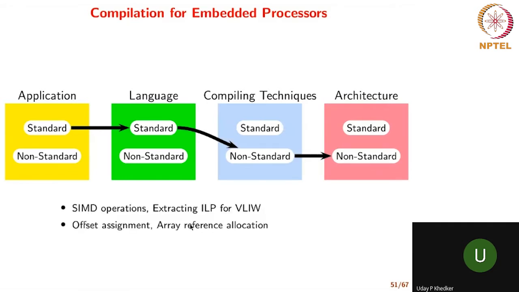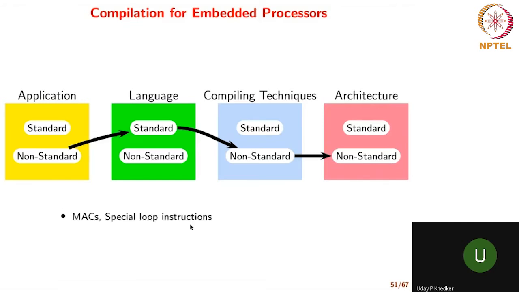Or you might have non-standard compiling techniques which are used to compile to non-standard architectures. For example, SIMD operations, vectorization, extracting integer instruction level parallelism for VLIW processors, offset assignment, array reference allocation. There are many optimizations which require non-standard compilation techniques.